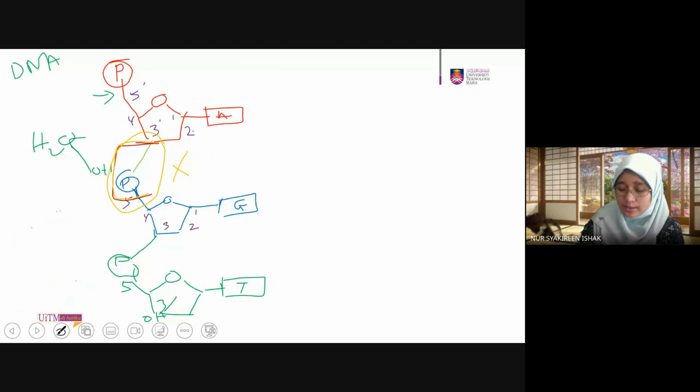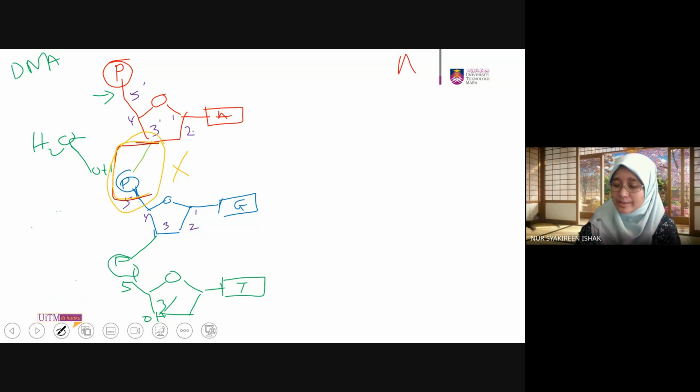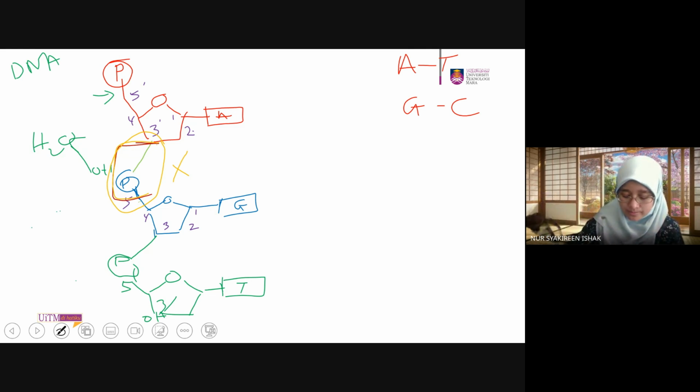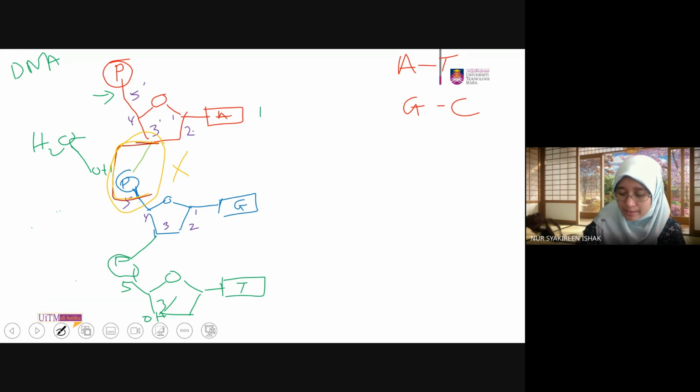Let's say adenine has to pair with thymine. The pairing between the bases is adenine with thymine, guanine with cytosine. Because this is adenine, the base of the complementary DNA strand has to be thymine. The thymine I drew earlier in green, so thymine here. Because the strand is anti-parallel, you have to draw it upside down.